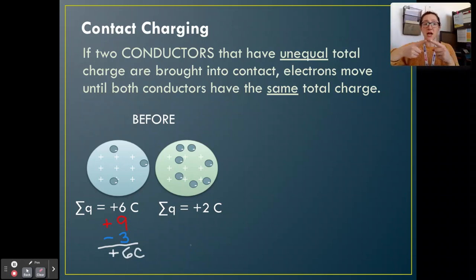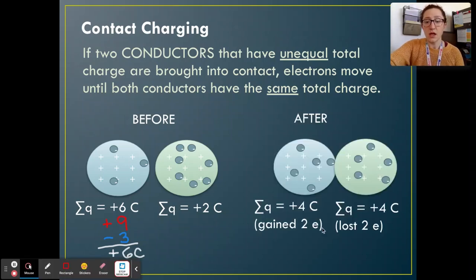Now, if they touch, then those electrons are free to move. And here's what that would look like. When they touch, the electrons will move from the one that is less positive, because there's more of those electrons. It's going to even out.